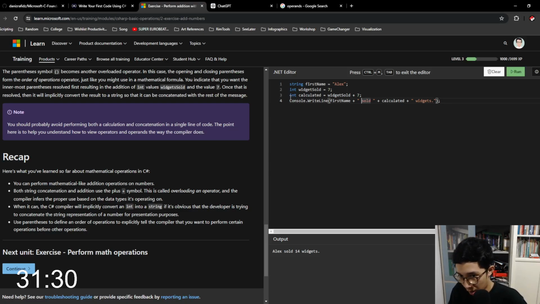So you need to have the parentheses on when you have integer data types with variables in it. Okay, I see. Wait, I think I missed this one.